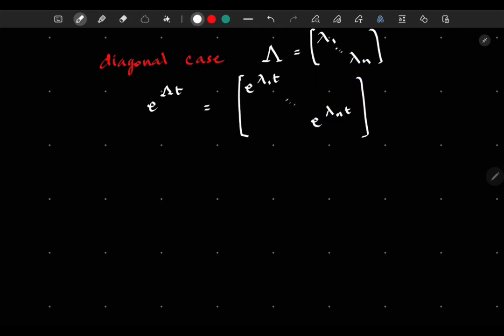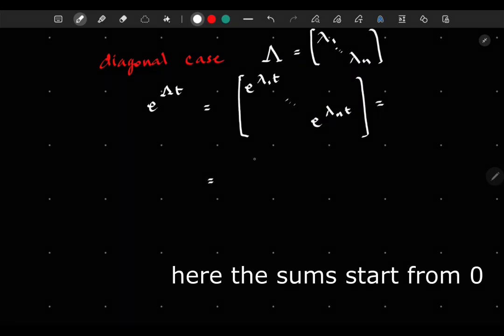Now we can also exploit the Taylor series for an exponential to rewrite this in a different way. So each term will become the Taylor expansion for the exponential. So the sum of this will be for lambda 1, and we'll have this sum for all the lambdas.